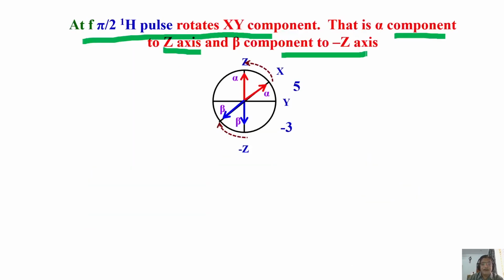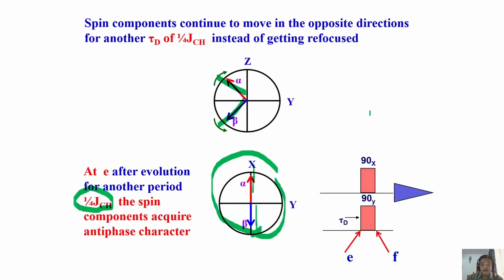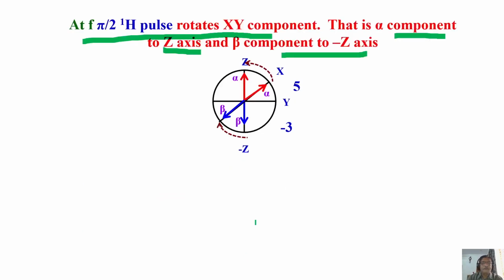Remember what is going to happen here. The alpha component, which was along this axis, as soon as you apply a 90 pulse on the X axis, you can work out by the right hand thumb rule, goes to the plus Z axis. This component goes to minus Z axis. They start rotating like that.